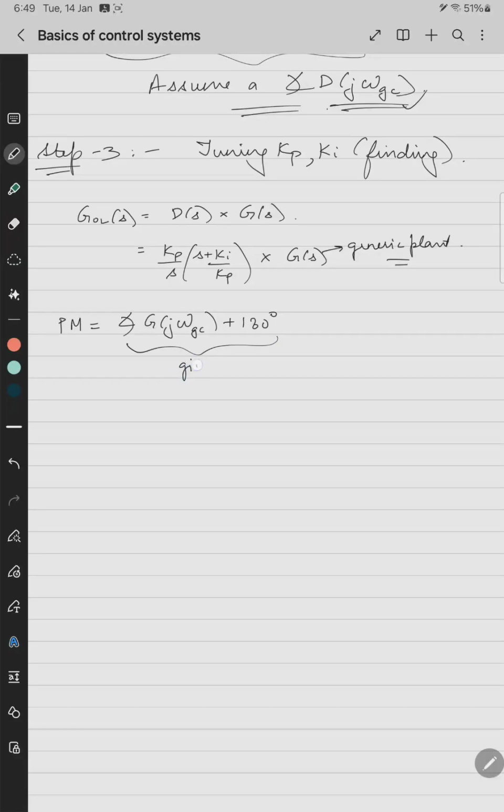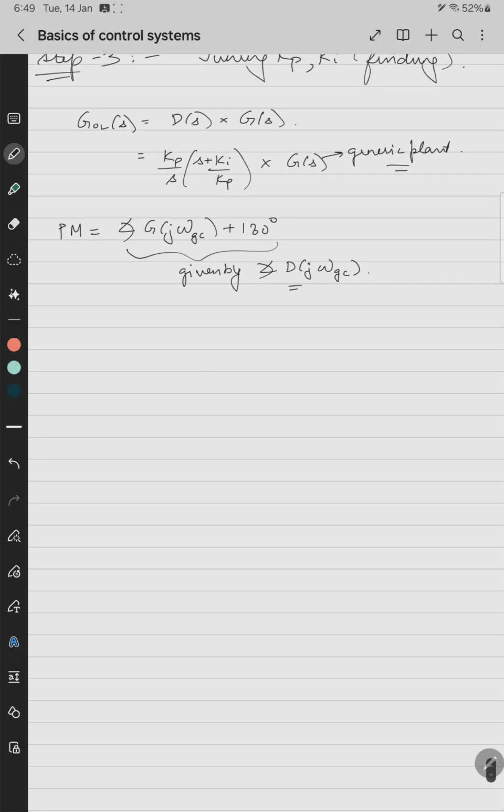This is given by the controller, given by the angle of D at j omega gc at the same frequency. So the maximum of angle of D at j omega gc is the angle of G at j omega gc plus 180 degree. Let's say we assume some value.